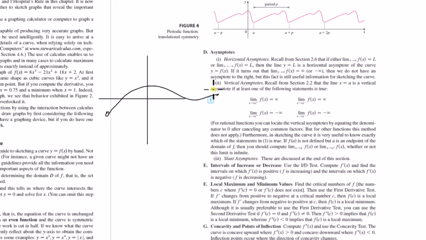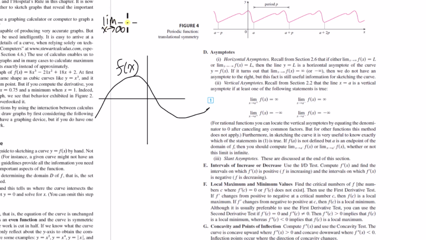But let's just say it's going off to plus or minus infinity. You can still analyze the endpoints. If this is f of x, you take the limit as x approaches infinity of f of x, and the limit as x approaches minus infinity of f of x.